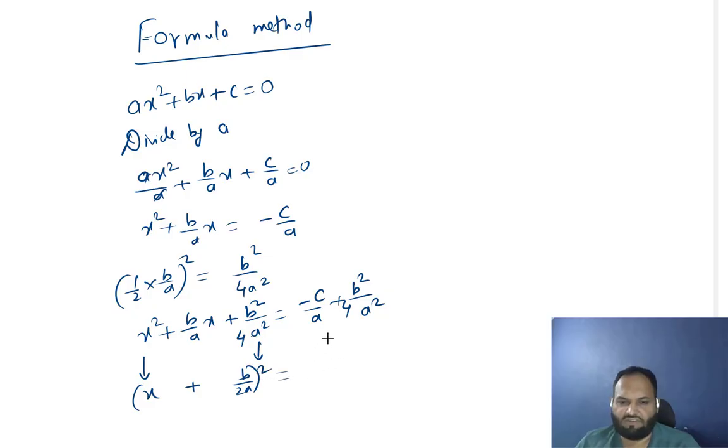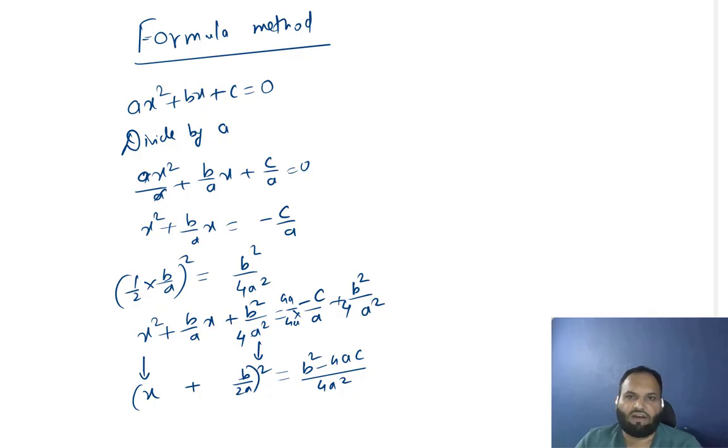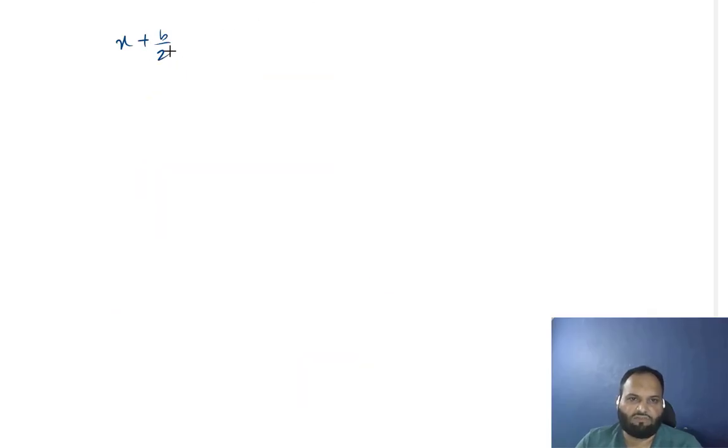That will give us, this will be multiplied by 4a, b square minus 4ac upon 4a square. So I will get x plus b by 2a whole square is equal to b square minus 4ac upon 2a square root whole square.